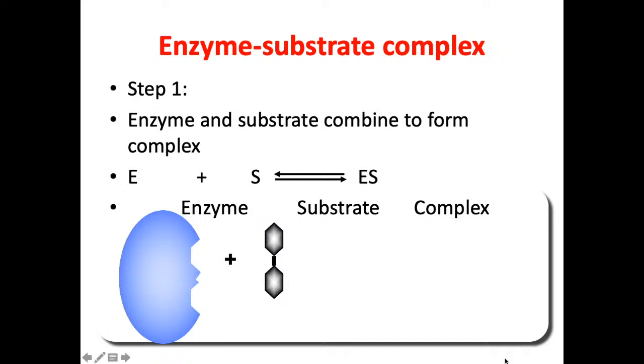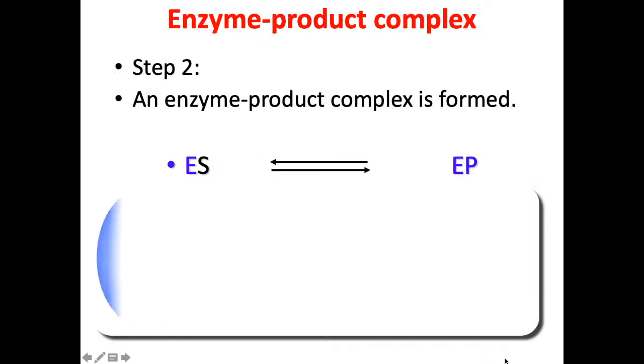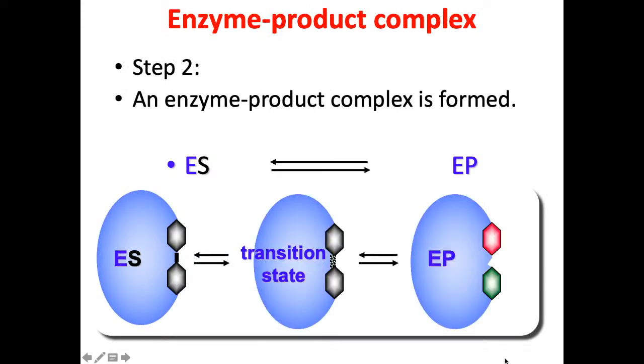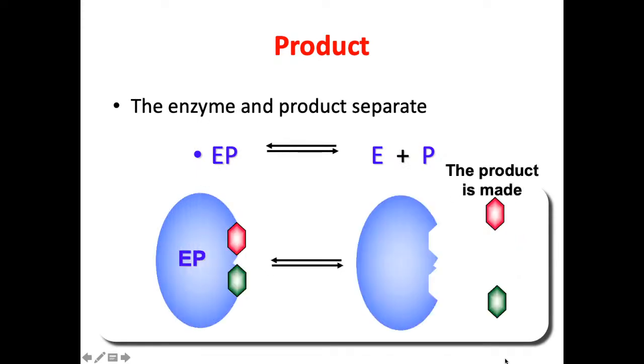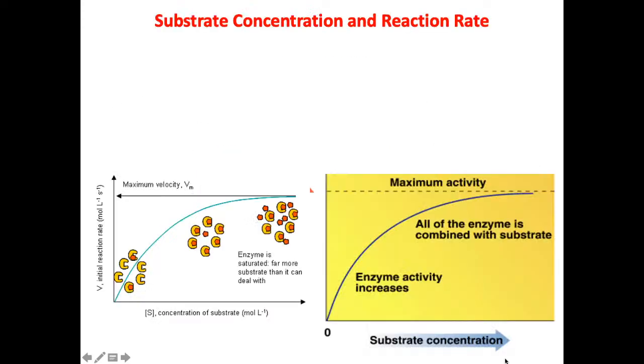So this we have seen in the first lecture, that enzyme plus substrate make an enzyme ES complex, and ES further have a transition state, makes EP, and then we have our product. So let's check how these reactions happen from the perspective of kinetics.